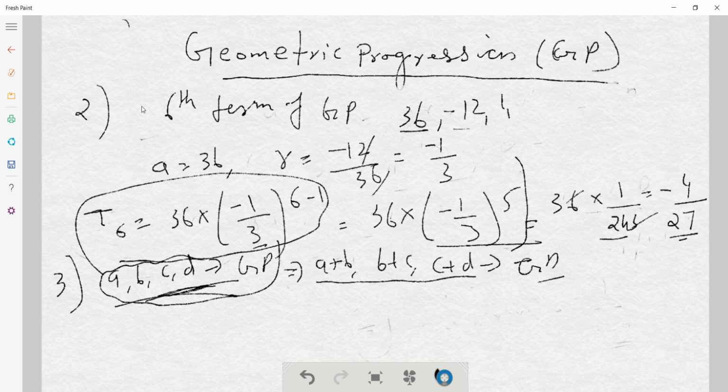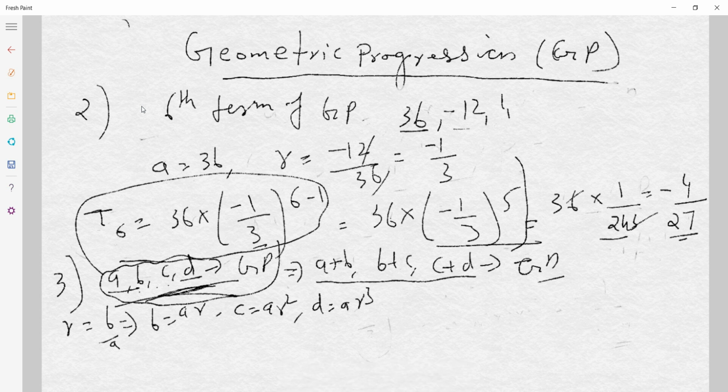Let's work out R. According to this, R equals B by A, so B equals AR. Similarly, C equals AR squared, and D equals AR cubed.